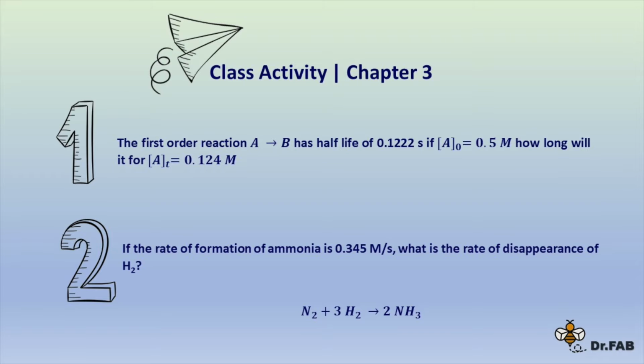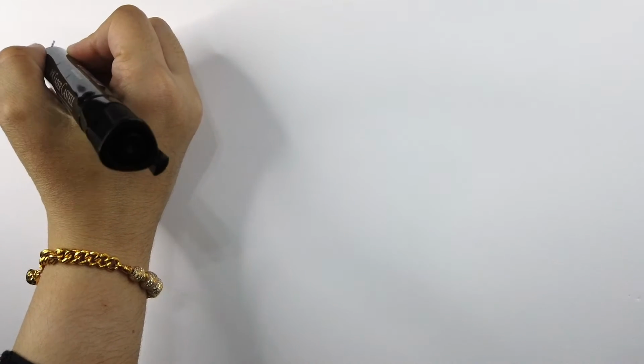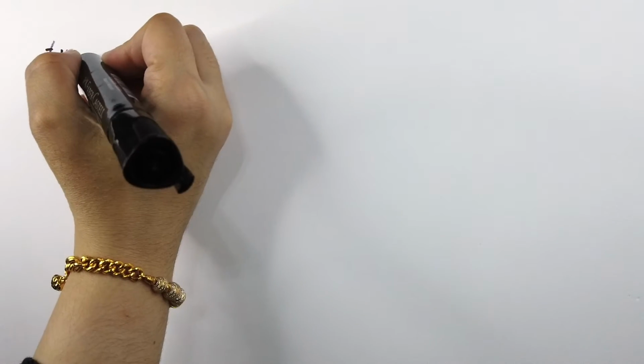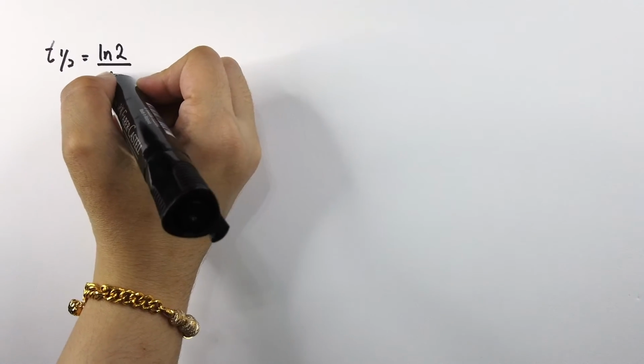To answer the first question, there shall be two parts. The first part of the answering strategy is that you need to calculate the rate constant of this reaction. If you read through the question, the reaction follows first order kinetics, therefore the half-life for a first order reaction is equivalent to ln 2 over k.